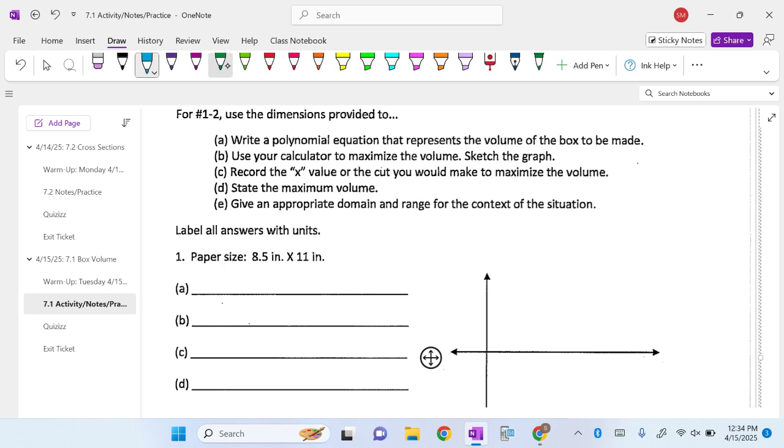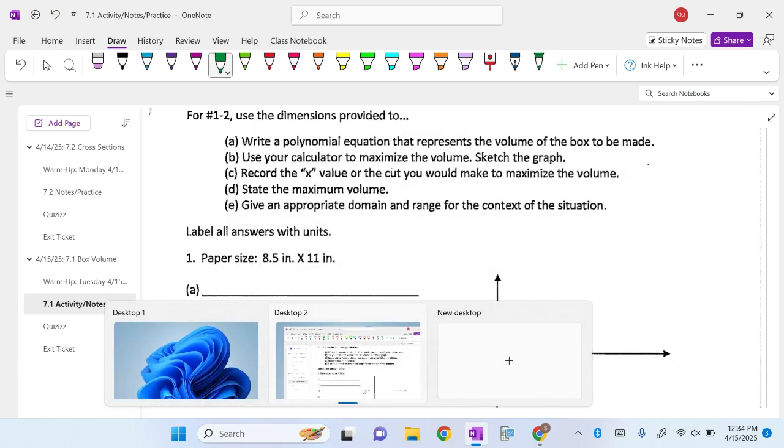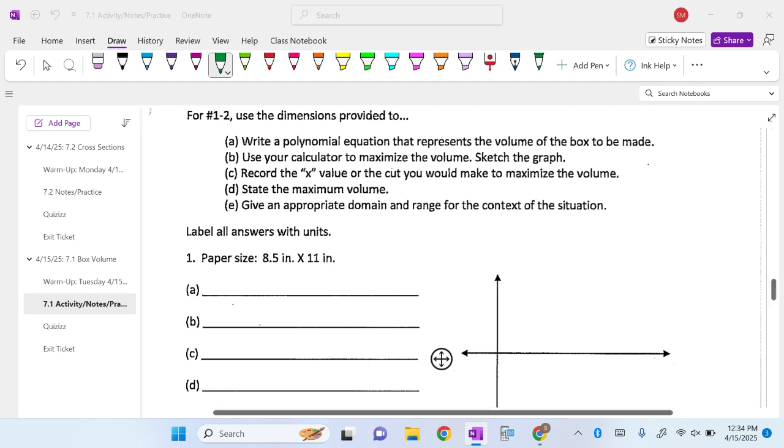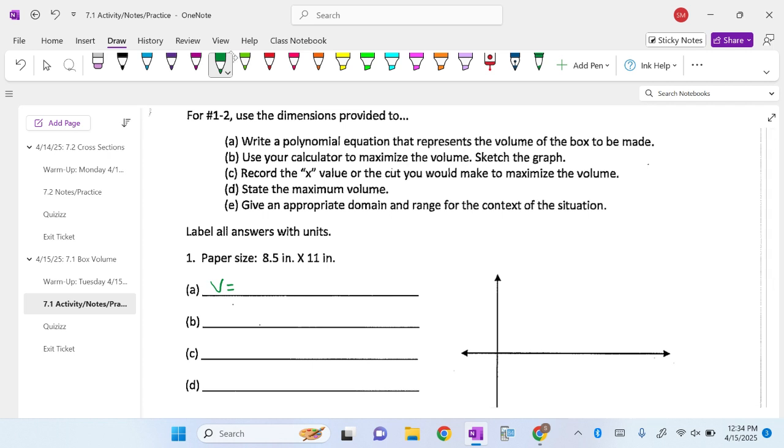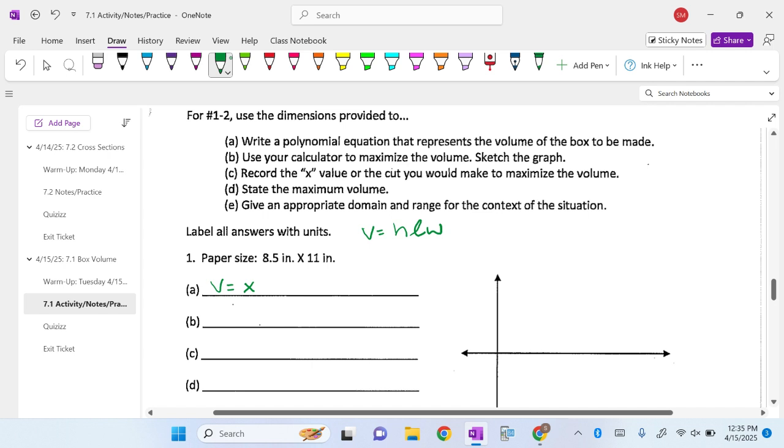So what would be the formula that I would have? Volume would equal what? So what would the height be? What's always the height? Remember, when it comes to volume, we have height times the length times the width. I know it's length times width times height. Right. So we put x first.